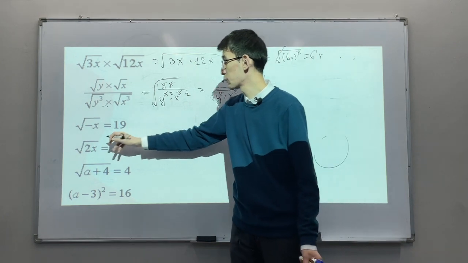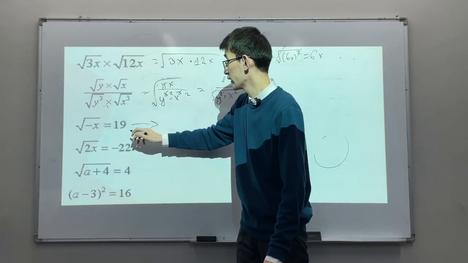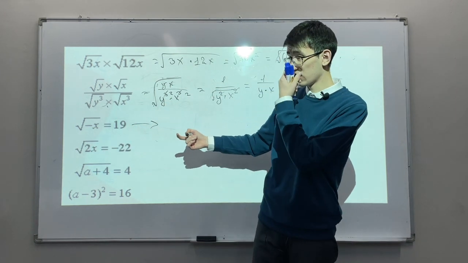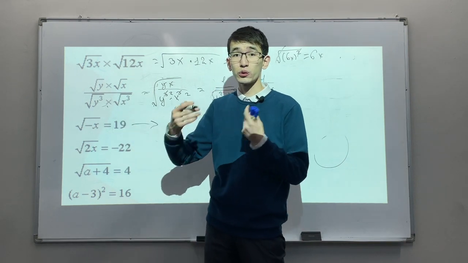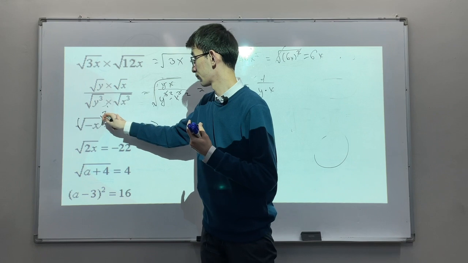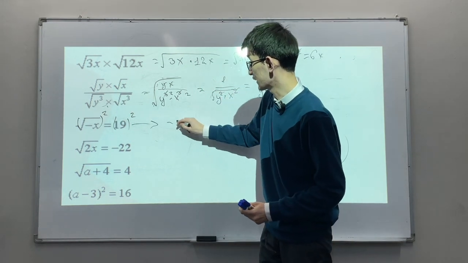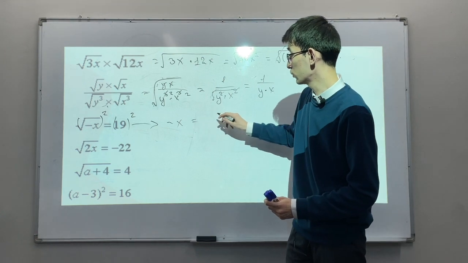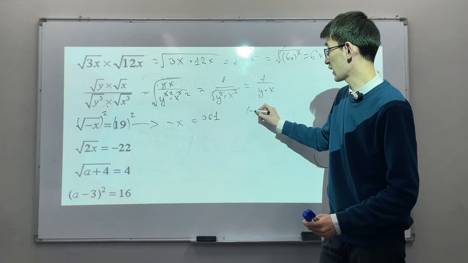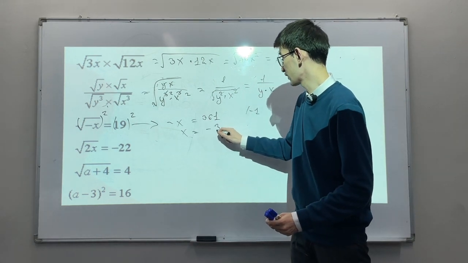The next is a special case. This type of example shows us that we have to square both sides of the equation, and then we get minus x is equal to 361. Multiply both sides by minus 1 and x equals minus 361.